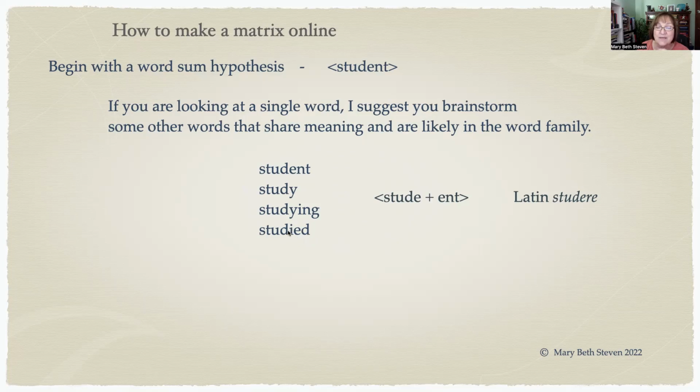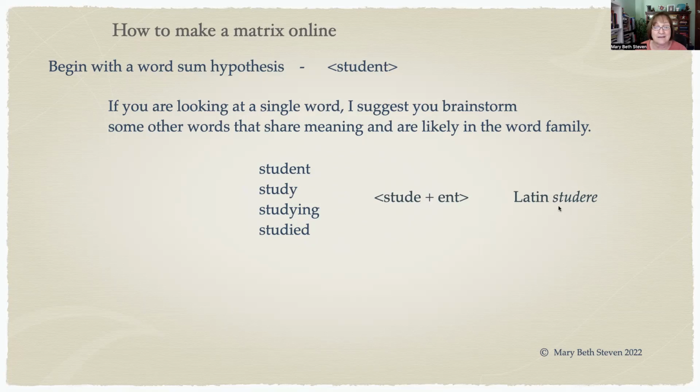Okay, so something different is happening, especially between this first one and the second one. That leads me to believe that my base might be STUD. Now, when I go to write it out in my word sum, I'm going to add the single final non-syllabic E. And I'm telling you right now, I added it.